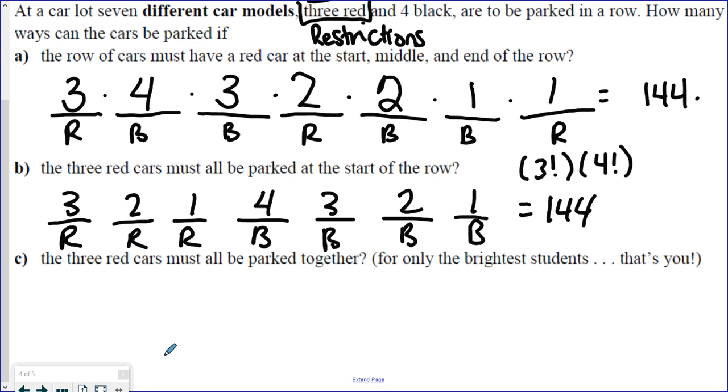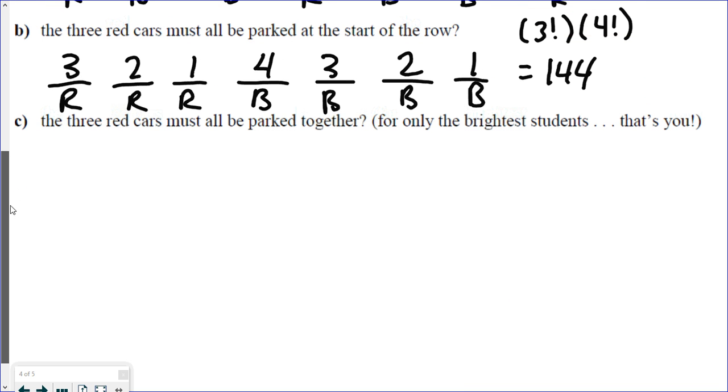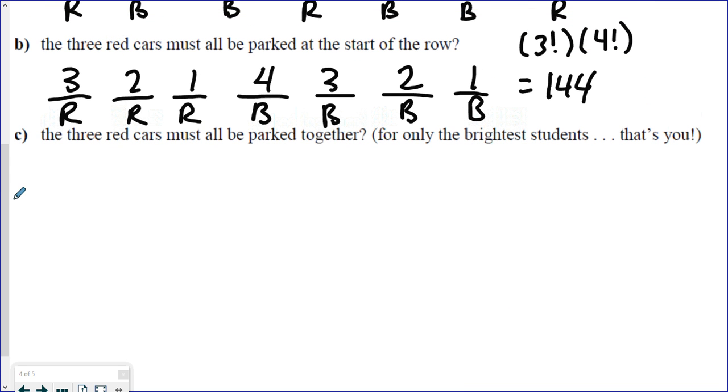The next one is why I wanted to do this one, because as it says, it's a little bit of a tricky one. It says the 3 red cars must all be parked together. I'm going to give you an idea of what this represents. Let's go 1, 2, 3, 4, 5, 6, 7.